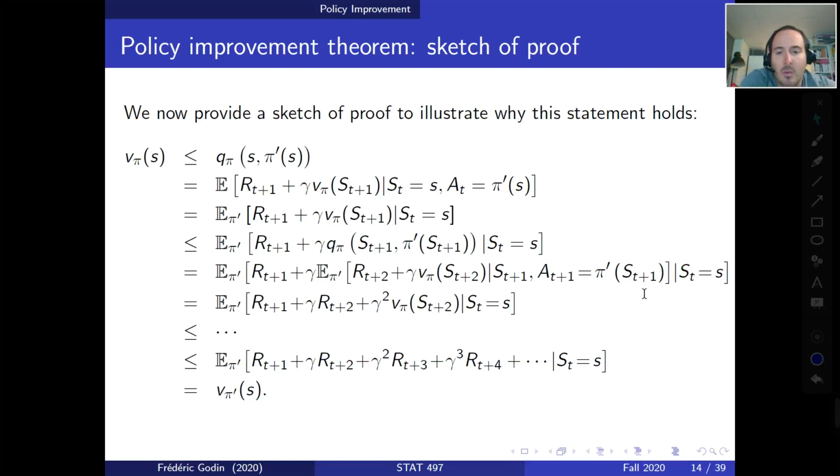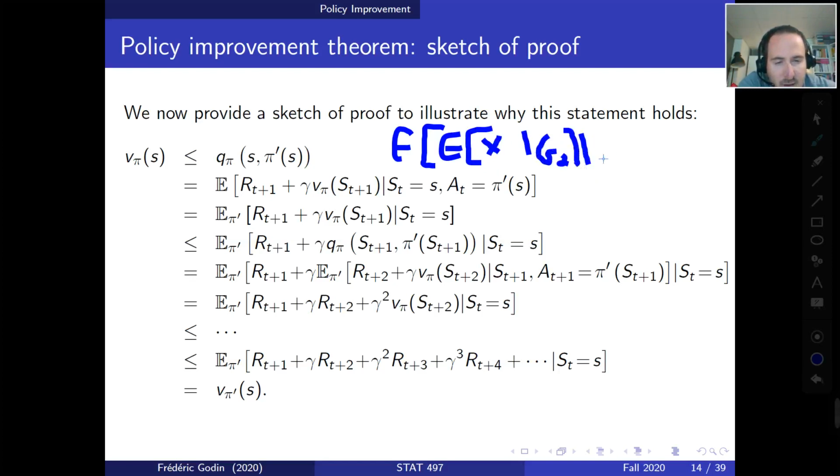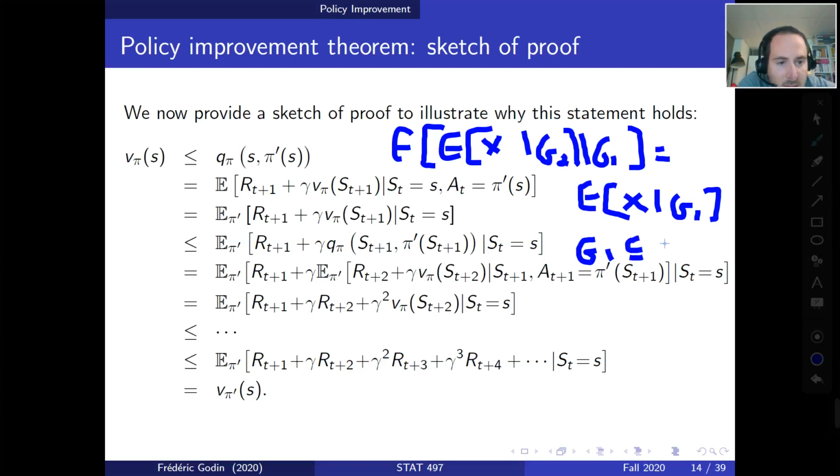Okay, and here we can use the nested expectation theorem. So recall that we had a statement which said that the expectation of the expectation of x given g2, given g1, is equal to the expectation of x given g1, if g1 is included in g2.